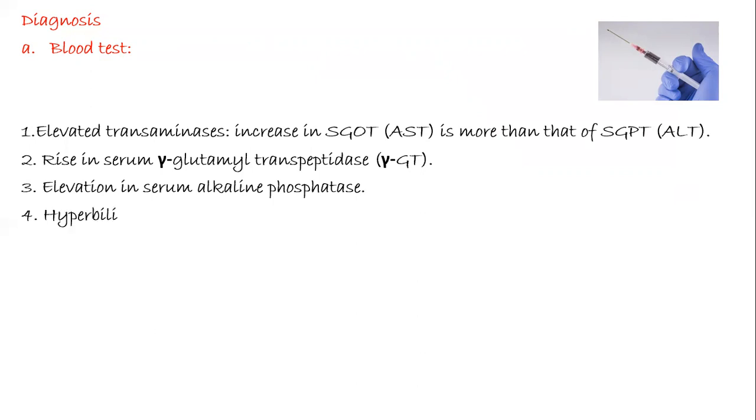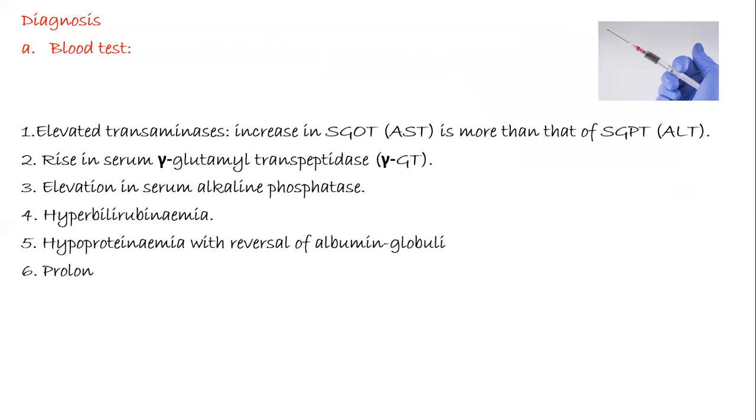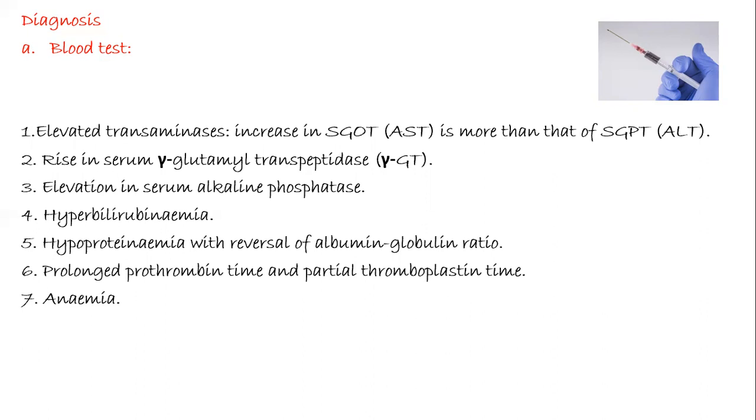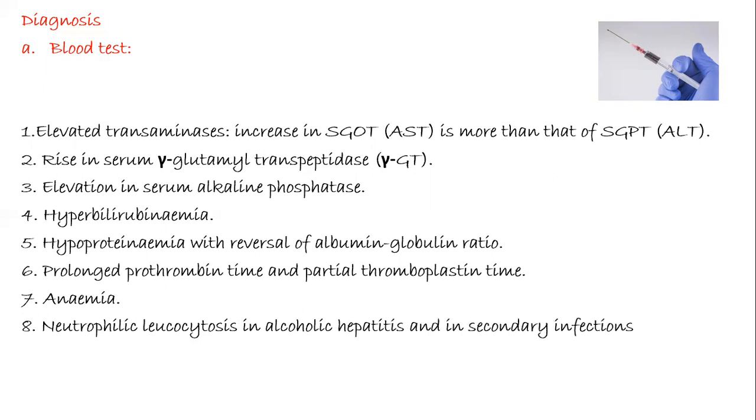There is hyperbilirubinemia, hypoproteinemia with reversal of the albumin globulin ratio. There is prolonged prothrombin time and partial thromboplastin time. The person suffers from anemia. There is neutrophilic leukocytosis in alcoholic hepatitis and in secondary infections.